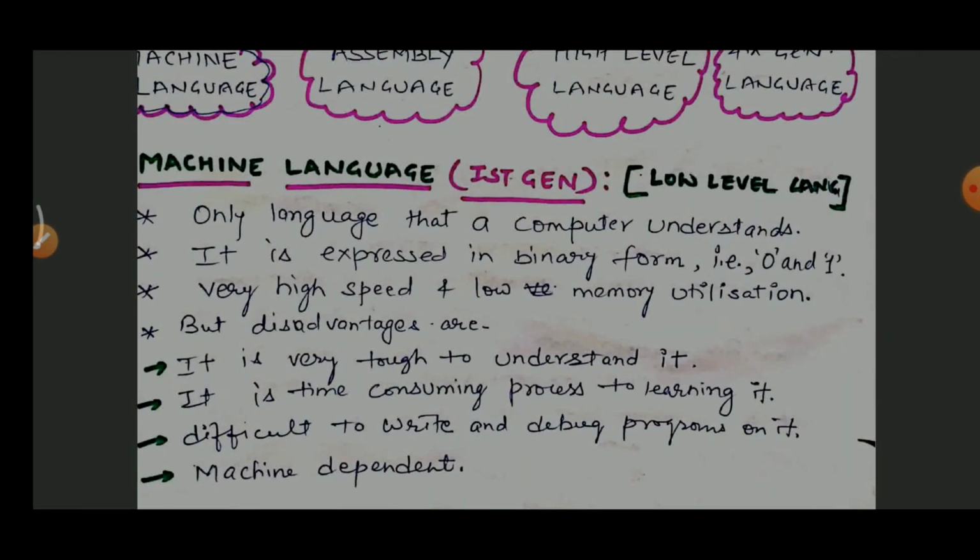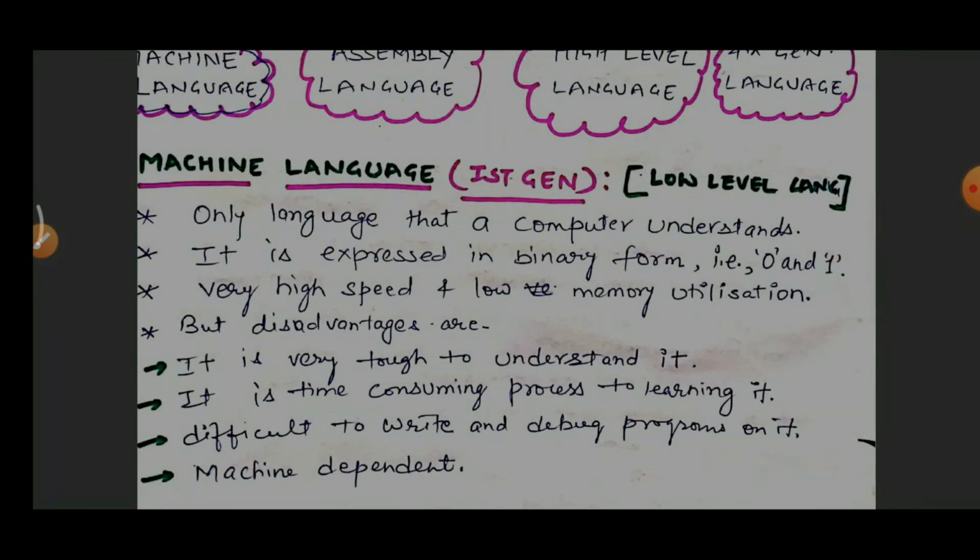So first of all, the first language, that is machine language. It is the first generation of language and also part of low level language. The important points of machine language are: machine language is the only language that a computer understands, which means a computer does not understand any other language other than machine language.